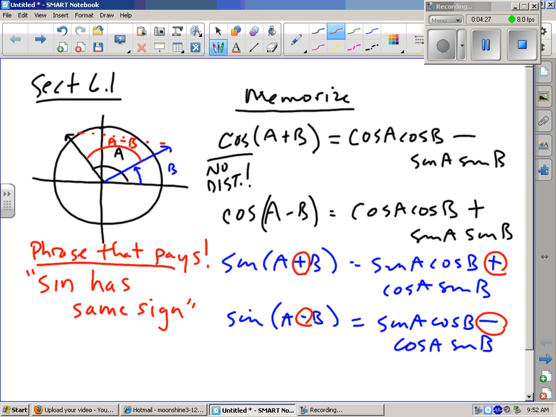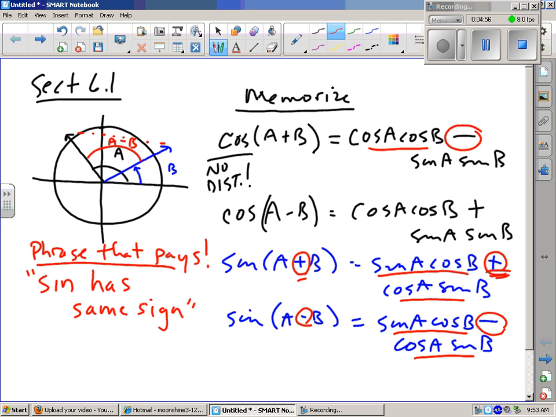This is plus, so this is going to be plus. Cosine has the opposite. So if sine has the same, cosine has the opposite. Now as far as the words here, if you have the same sign, you're going to have opposite words in both places. But if you have the opposite sign, you're going to have the same words. So it's kind of by default.